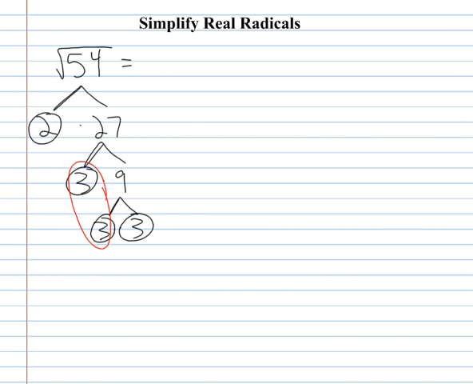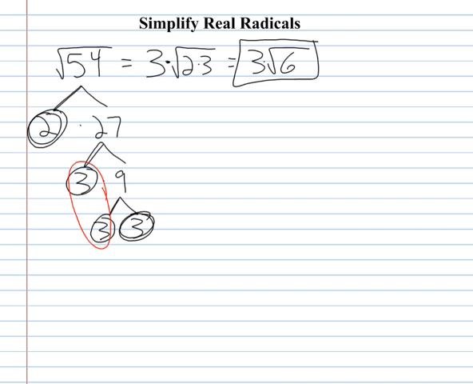So this is equal to a regular 3 times the square root of the other factors that were not paired up. So like this 2 and this 3 are still under the radical. And so the simplified form would be 3 times radical 6. So radical 54 and 3 radical 6 are equivalent. The 3 radical 6 is simplified.